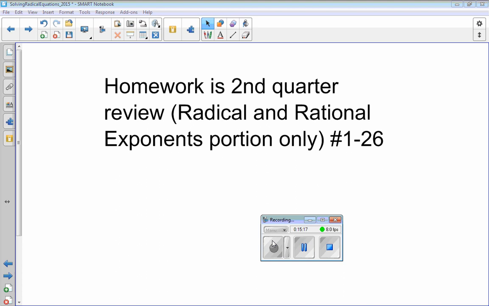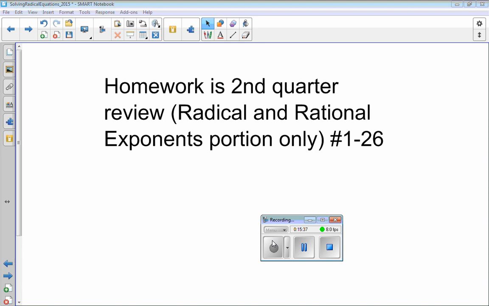Okay. While you're working on your quiz corrections, I'm coming by and giving you a copy of the second quarter review. You're going to have a quarter test. The only portion you are taking next time is the radical portion, and it is multiple choice questions.